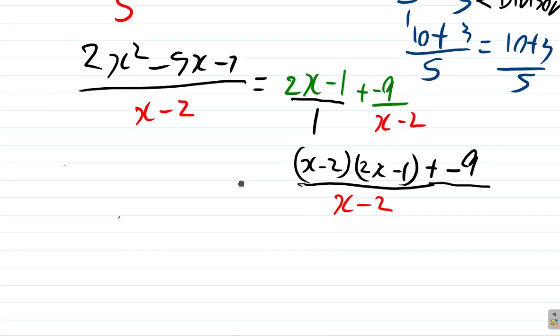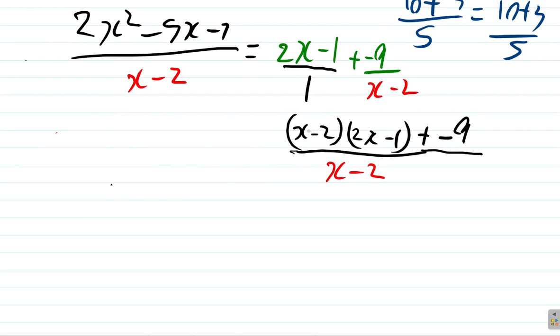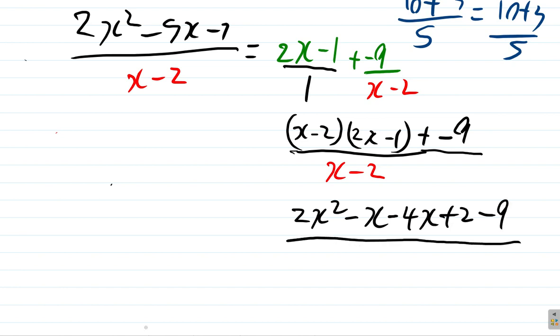Let's multiply these out and see what happens now. X times 2x gives you 2x squared. X times negative 1 is negative x. Negative 2 times 2x is minus 4x. Negative 2 times negative 1 is positive 2. Plus negative 9, which is minus 9. Over x minus 2.